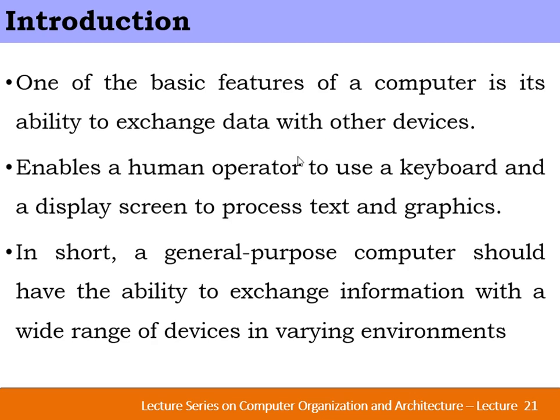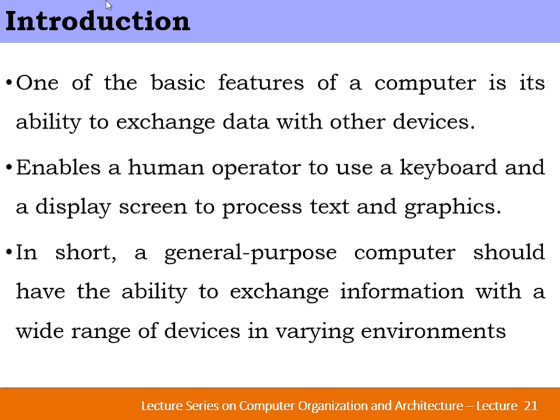In order to communicate, it normally requires certain human operators, that is a keyboard as well as a display screen, in order to process text and graphics. In short, a general purpose computer should have the ability to exchange information with a wide range of devices depending upon the varying environment.